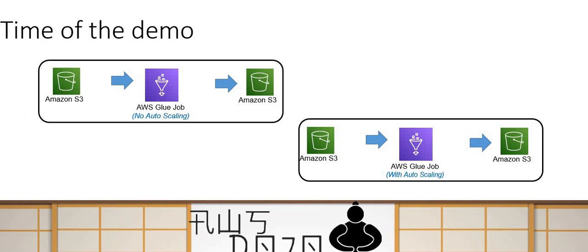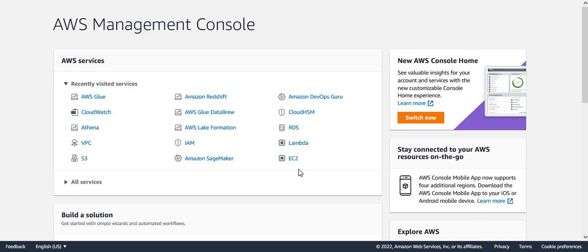And we will see which job uses fewer DPU hours. If everything goes fine and I'm not caught by surprise, the auto scaling enabled job should use fewer DPU hours. So let's go to the AWS console and see things in action.